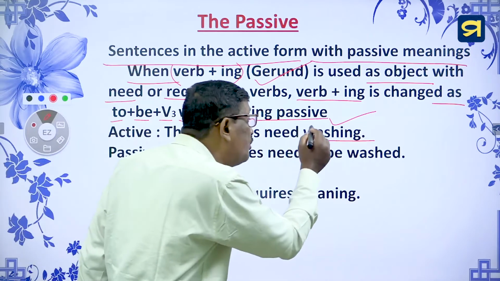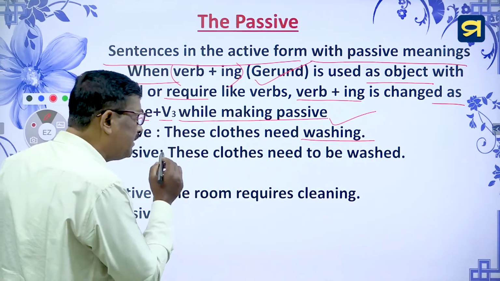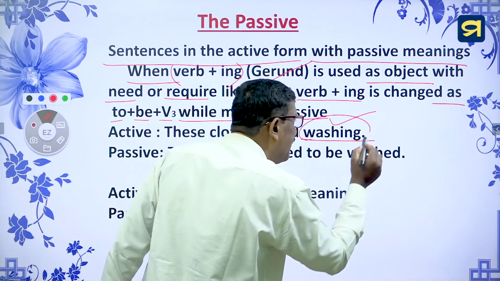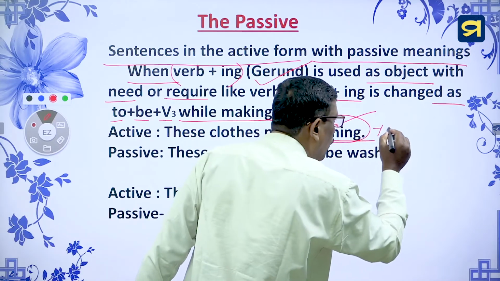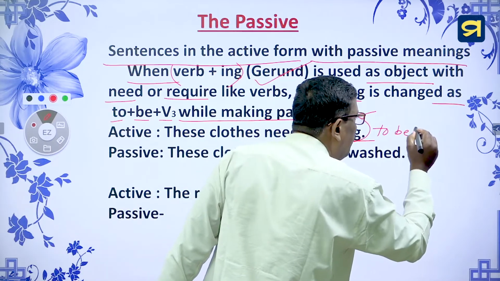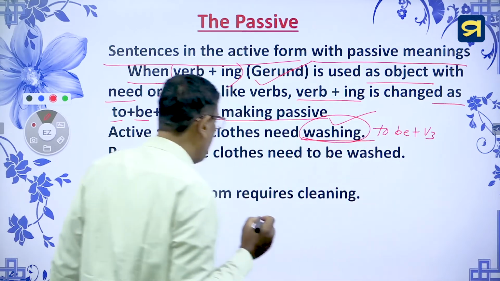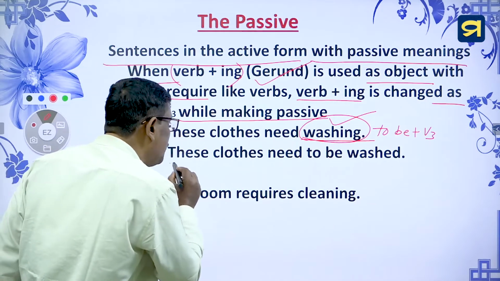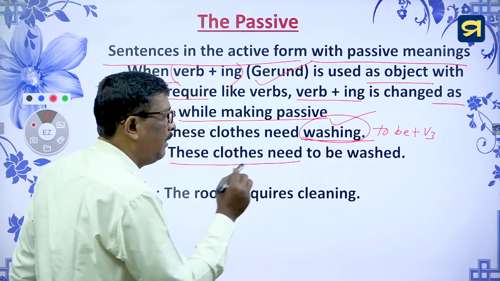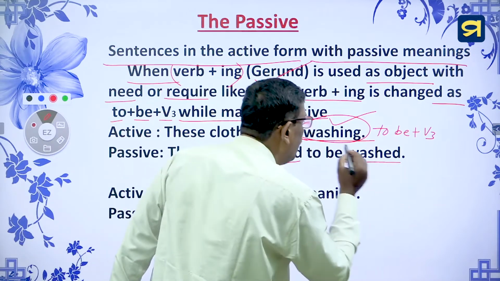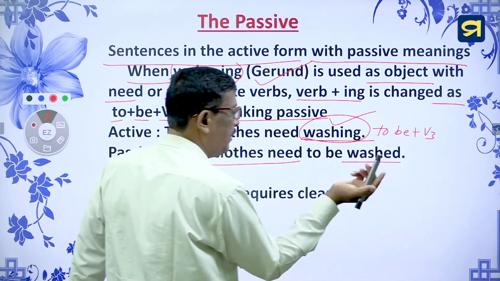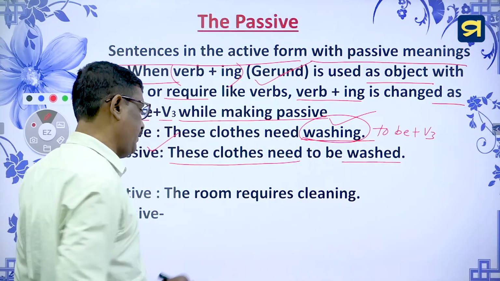That's why it is called a gerund. That means how will it change? Only this one will change. To, followed by be, then V3. That means these clothes need to be washed. Why? The third form of wash is washed. So in this way we can change.